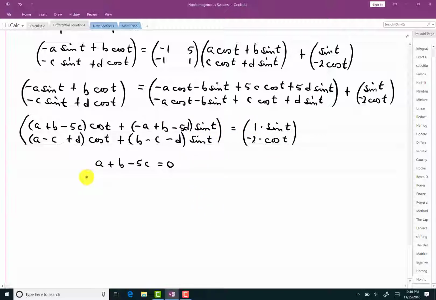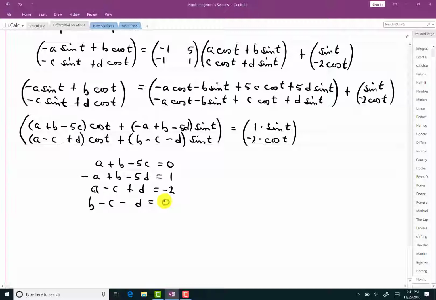So I'll get negative a plus b minus 5d equals 1. And then I'll get the coefficient down here in front of cosine is equal to negative 2 this time. So I get a minus c plus d equals negative 2. And then finally, the stuff in front of sine is equal to 0 because there's no sine term in the second row: b minus c minus d equals 0.